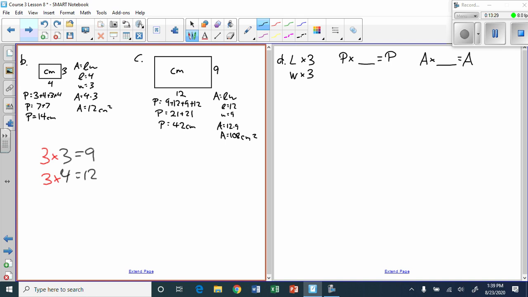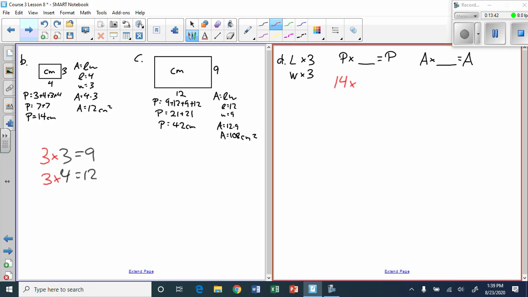Well, what about the perimeter? If we were comparing the perimeter, times what number is the perimeter? And if we look at this mathematically, the perimeter for the first one is 14 times x, because we don't know, equals 42. We remember our algebra, divide both sides by 14. X equals 42 divided by 14. Pretty sure that's 3.